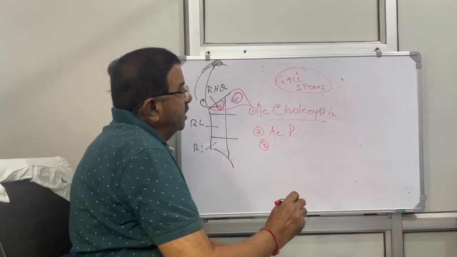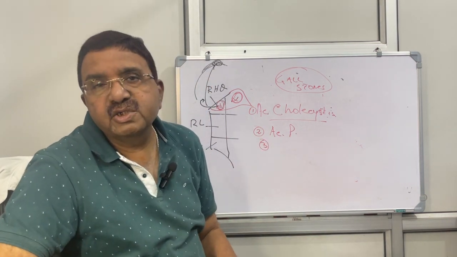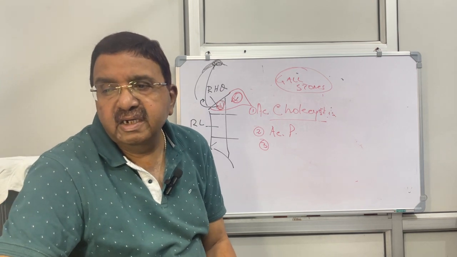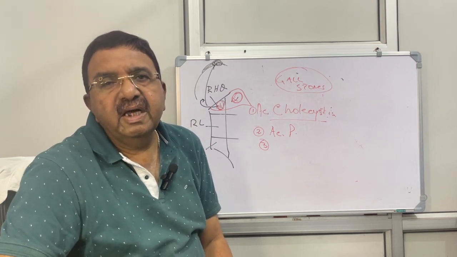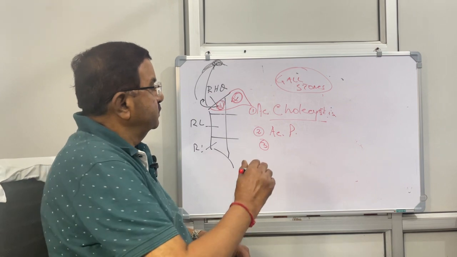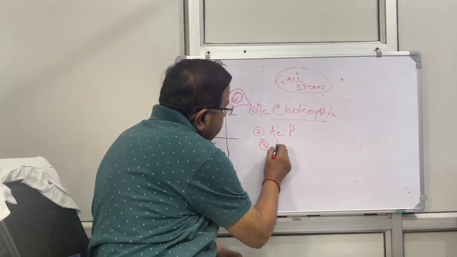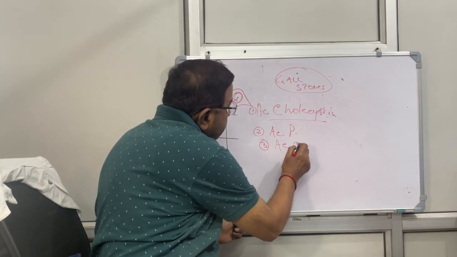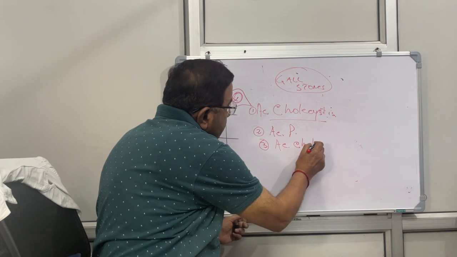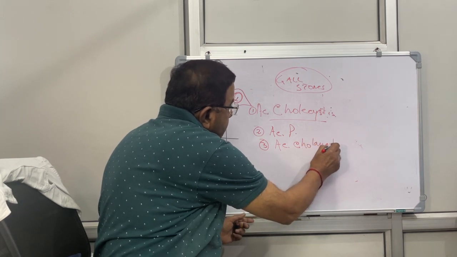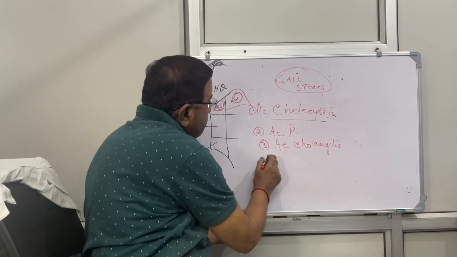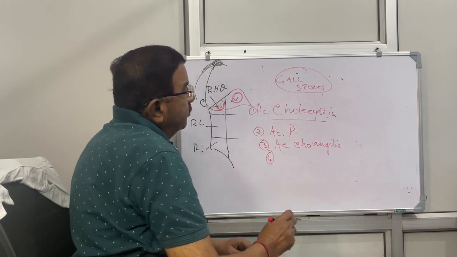So very important and dangerous complication of biliary colic is pancreatitis. Number 3, acute cholangitis. That means inflammation of the biliary tract.